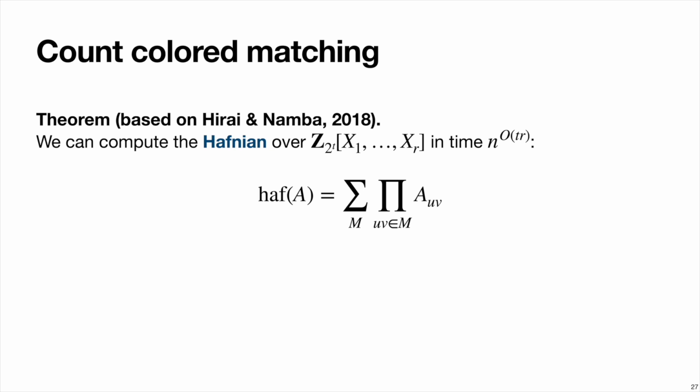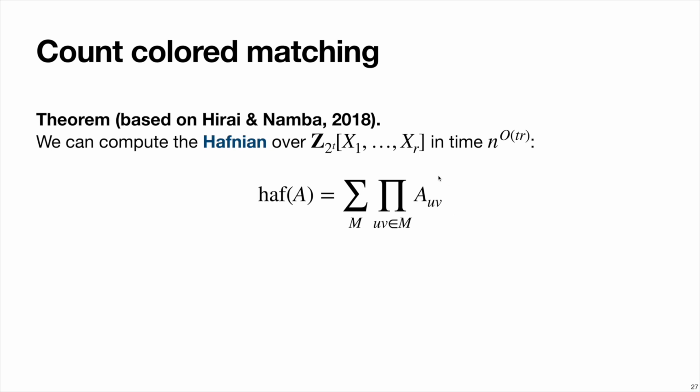So how do we count colored matchings? To do so, we use a theorem which is based on Hirai and Namba, 2008. They studied the Hafnian of a matrix. The Hafnian is related to the determinant and the permanent.